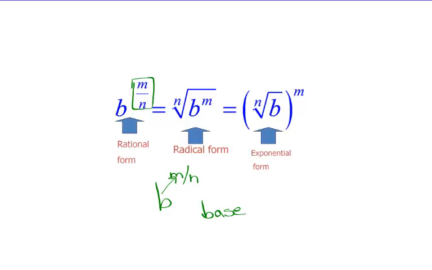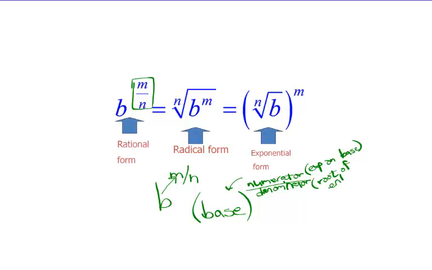We have a base raised to the numerator in the fraction over the denominator in the fraction. The numerator is the exponent on the base. The denominator is the root of the entire expression.